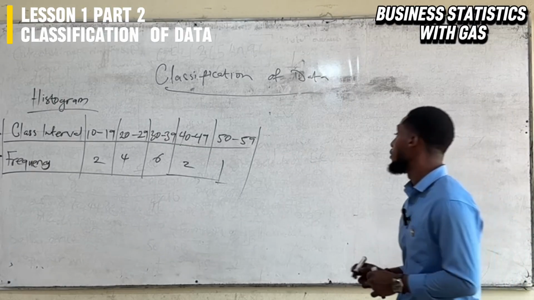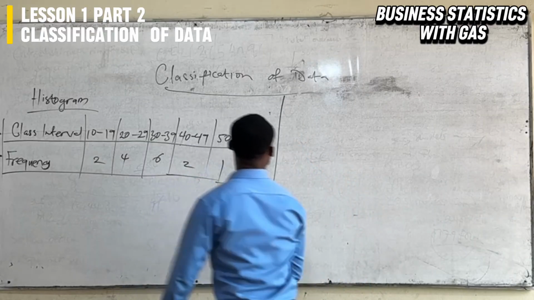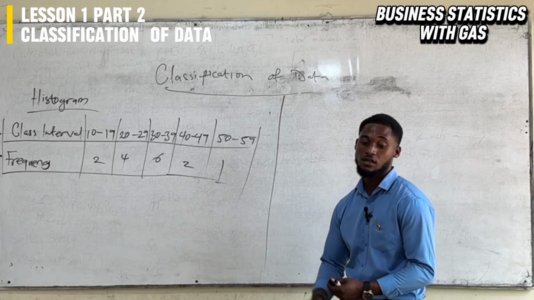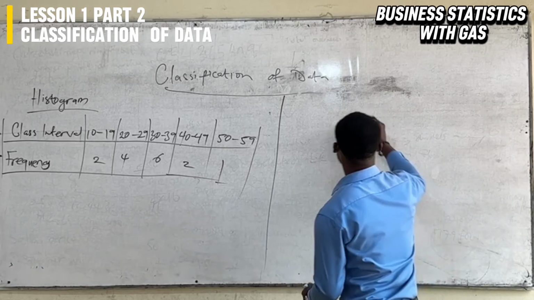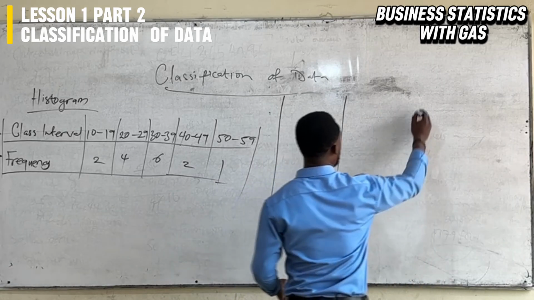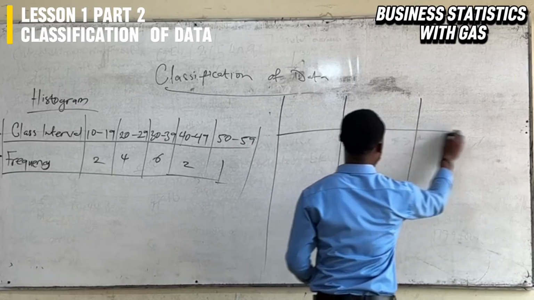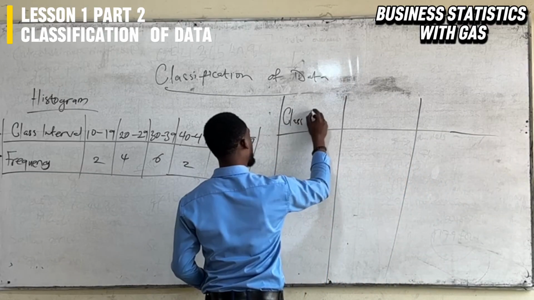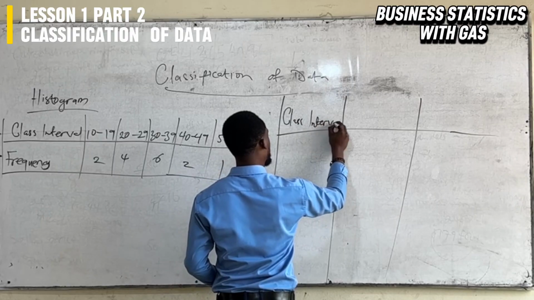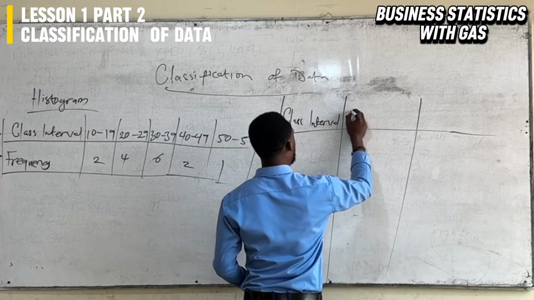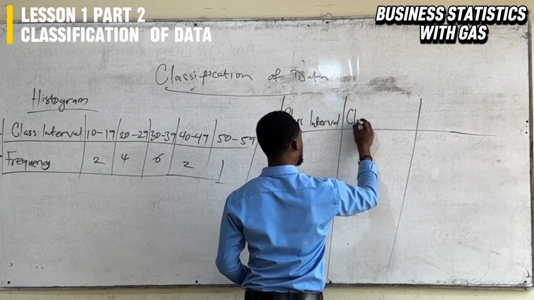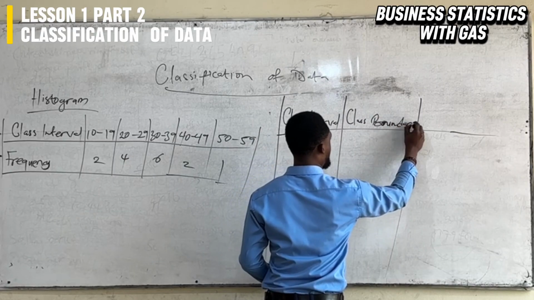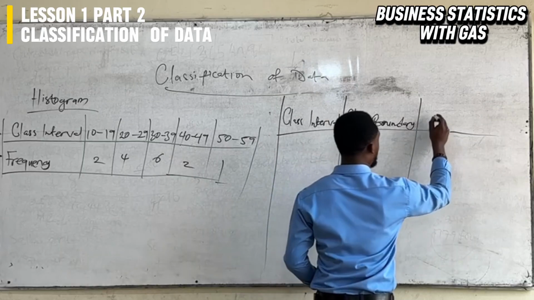So first of all, you have to draw your table, having your class intervals, your class boundary, and your frequency. So now let's draw a table. We have our class interval, we have our class boundary, then we have our frequency.